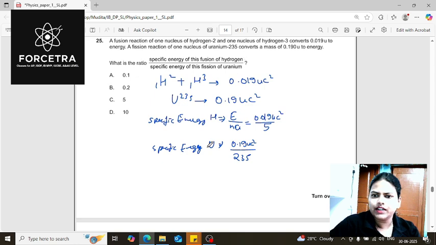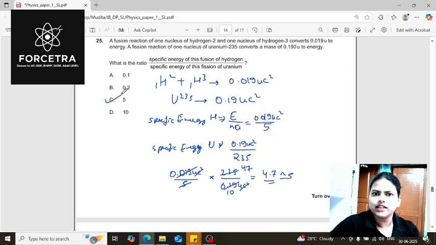And when we are dividing these two, it would be 0.019 u c squared upon 5 into 235 upon 0.19 u c squared. So it would get cancelled, and this by 10 and this by 5, so it would be 4. So I am getting around 4.7, which is very close to 5. C is the correct option.